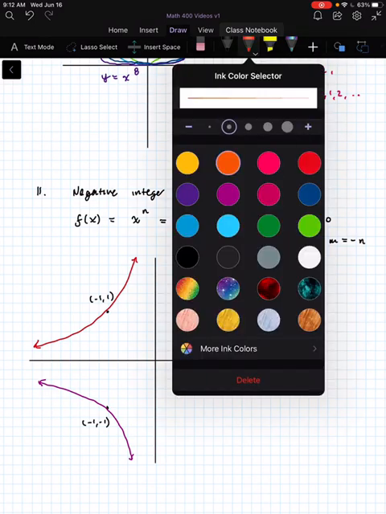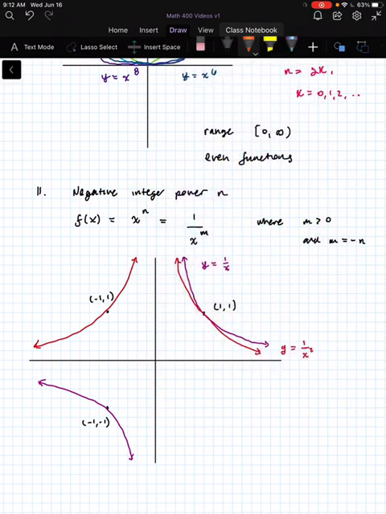And we can keep going. For instance, we could do 1 over x cubed.